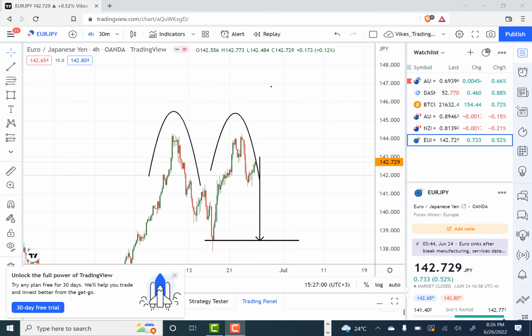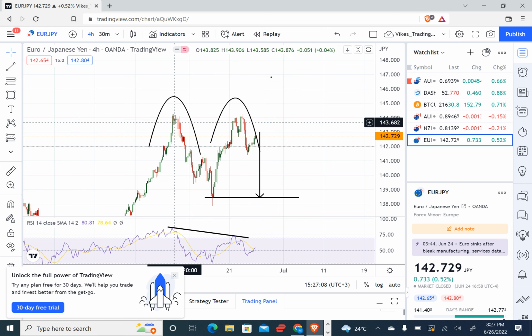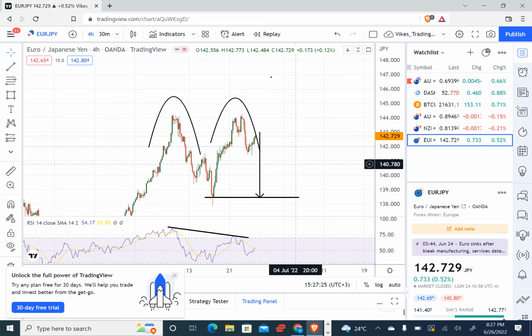So in the four-hour time frame, I had identified a very strong reversal pattern. You can see this is an M pattern or a double top. You can see price printing almost equal highs, but momentum prints lower. These are highs, these are lower highs. So obviously this is a bearish reversal scenario.